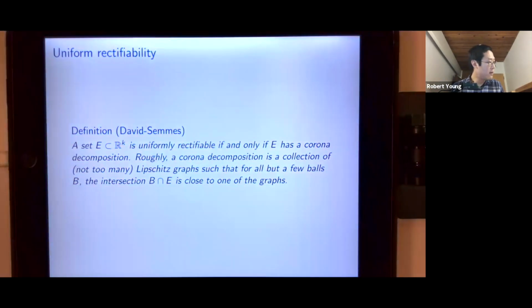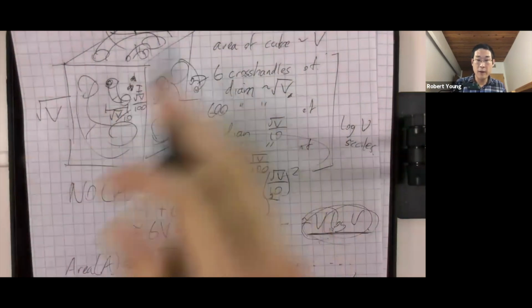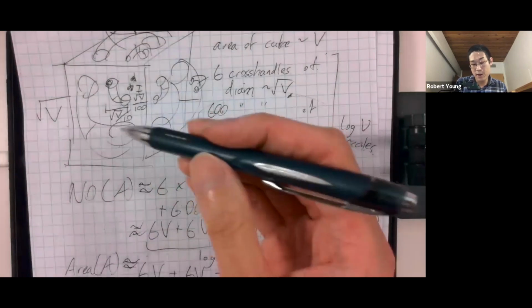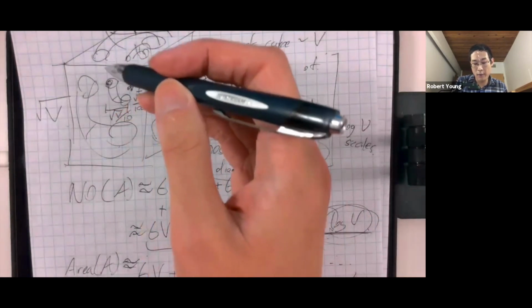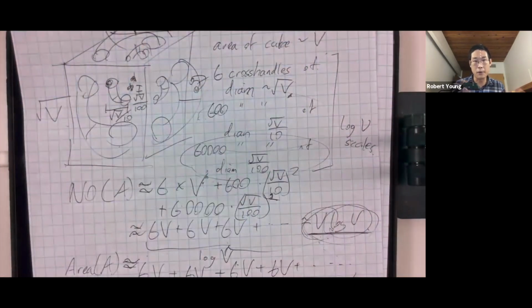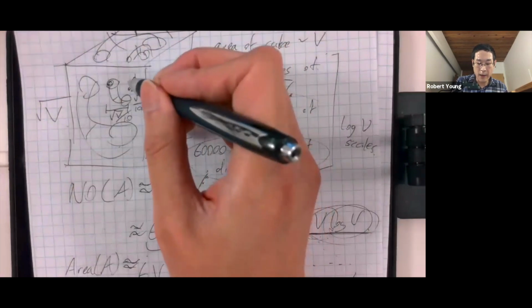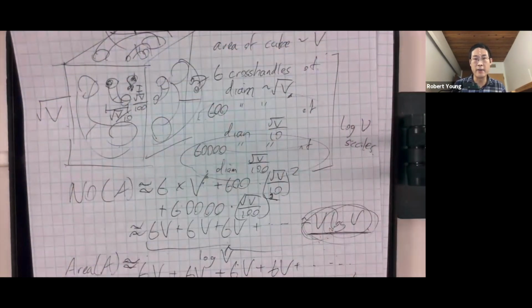On the contrary, if you take the surface we were looking at before, this is a very complicated surface, and you can't really approximate it by a few Lipschitz graphs. The best you could do is, since this is a cellular surface, take each of the individual squares, and that's a Lipschitz graph. Or at the very minimum, you would need some Lipschitz graphs for the original cube, and then some extra ones for each of the tiny handles, each of the small handles, and each of the big handles.